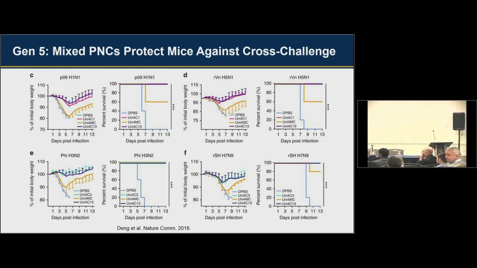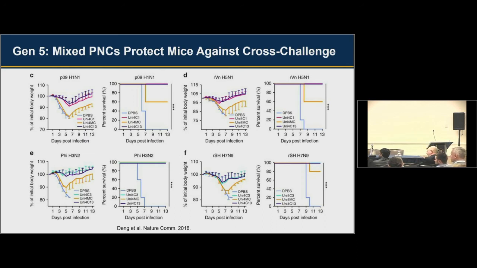The yellow is only the M2e, so that alone is not enough to protect all animals. If you have the HA1, either alone or with the third one, you're protected. The same case with the 3. The 3, either alone or in the 1, 3, protects, while the M2e alone in this case is good enough to protect from an H3N2. Remember, this is the Philippines one, so this was the M2e sequence that matched.